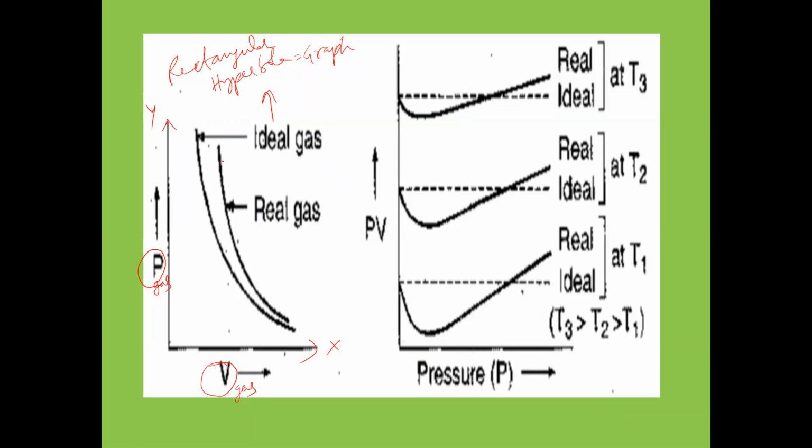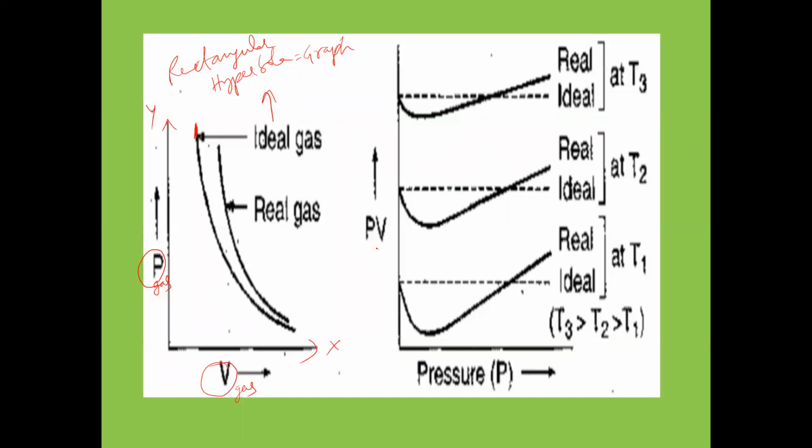So these are the curves of ideal gas and real gas when we plot a graph of pressure of gas versus volume of gas. For the ideal gas we get this curve, and for the real gas we get this graph. So that is the point, keep in mind.